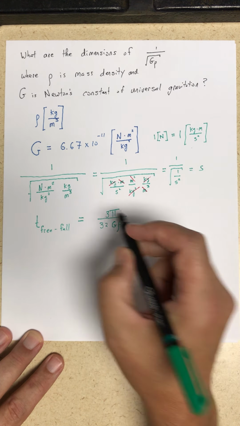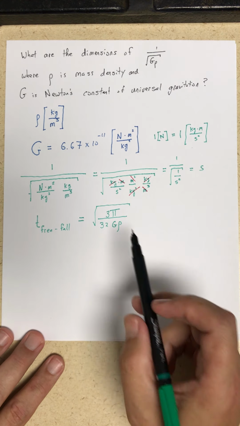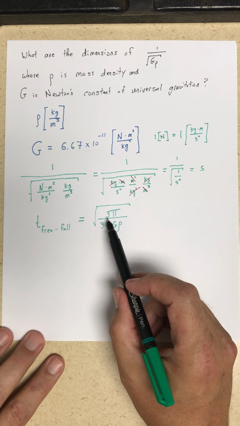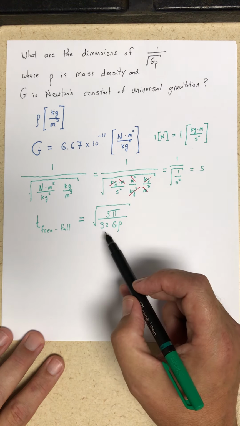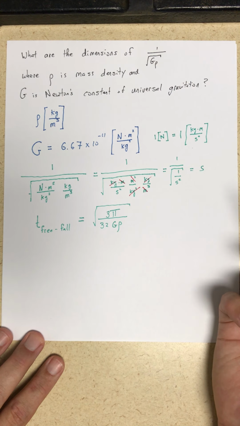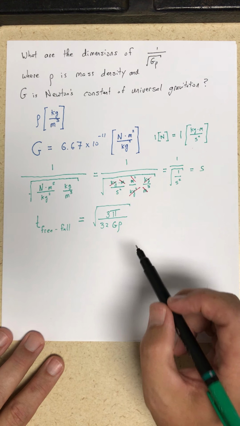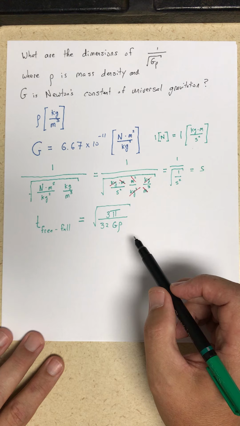And this points out one of the limitations of dimensional analysis. Dimensional analysis is not going to be able to tell us that there's a factor of 3 pi over 32 in the equation, because 3 pi over 32 is a pure number. It doesn't have any dimensions. So dimensional analysis is really useful for helping find mistakes.